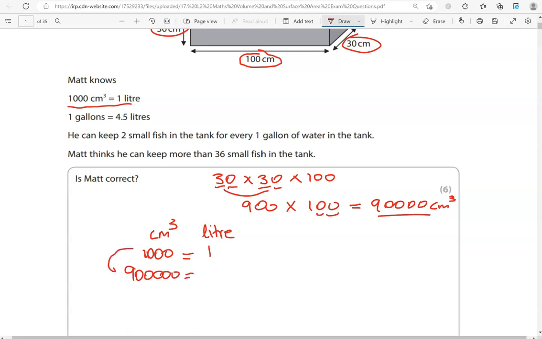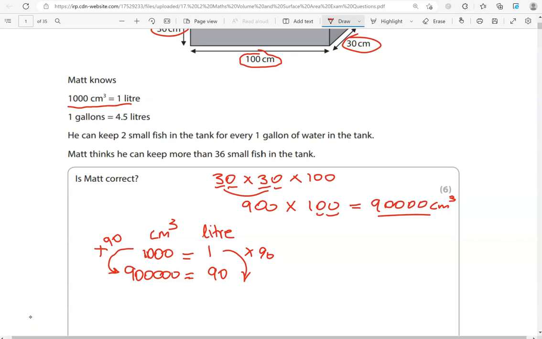How do we get from 1000 to 90,000? We multiply by 90. So we multiply 1000 by 90, and we'll do the same here. 1 times 90 is 90. So there are 90 litres in the tank.